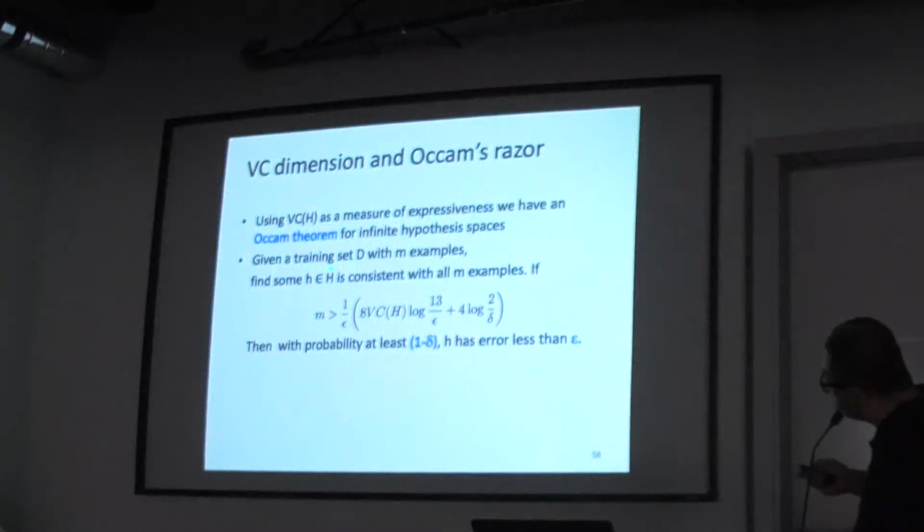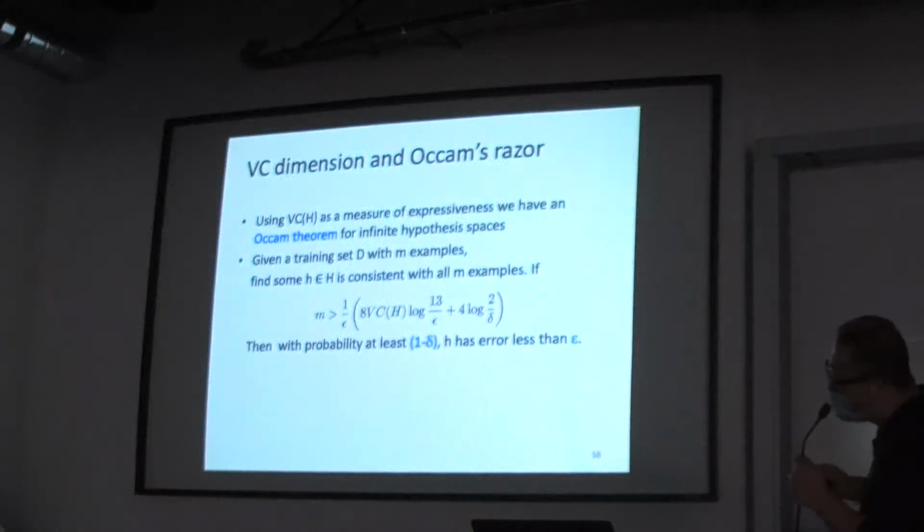Given a training set with M examples, suppose you can always find a hypothesis which gives zero training error, meaning that it is consistent with all the M training examples. And then if the number of training examples is bigger than this lower bound, we claim that with probability at least 1 minus delta, the learned hypothesis has generalization error less than epsilon.